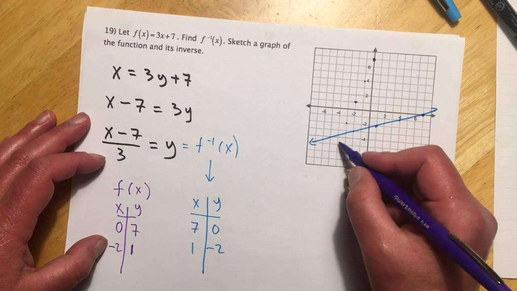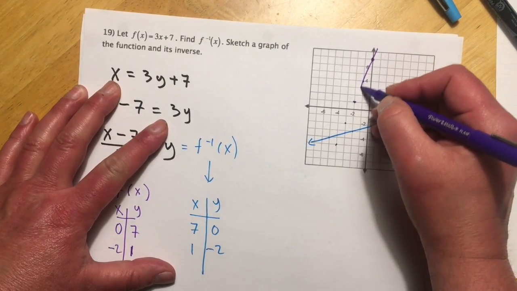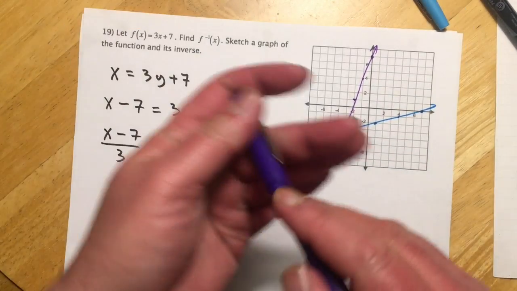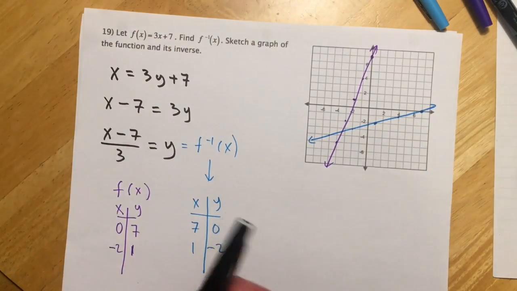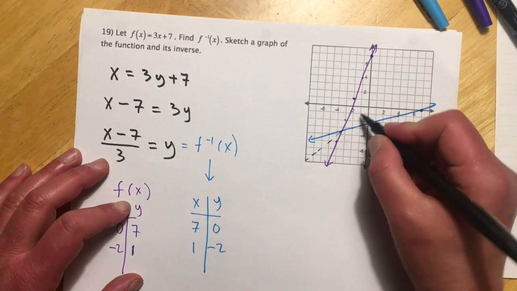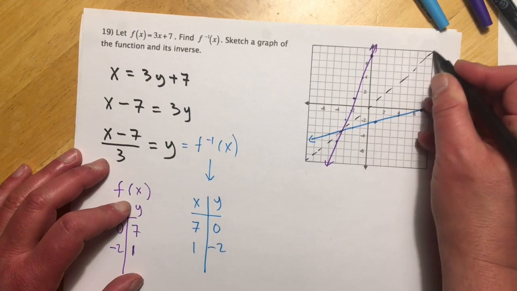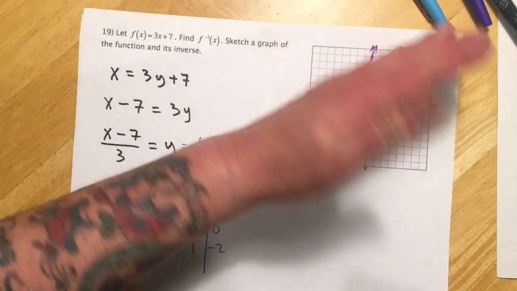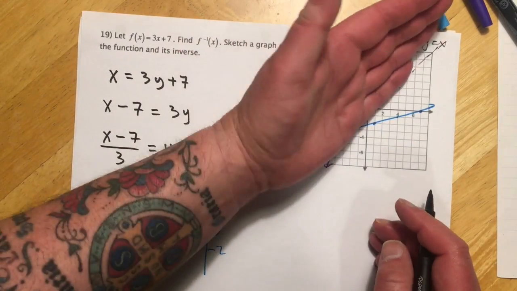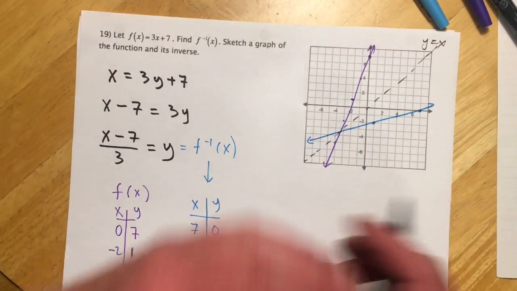So about there. And then this has that symmetry that we kind of expect out of a function and its inverse. If we fold this across the line y equals x, then it sits right atop itself.